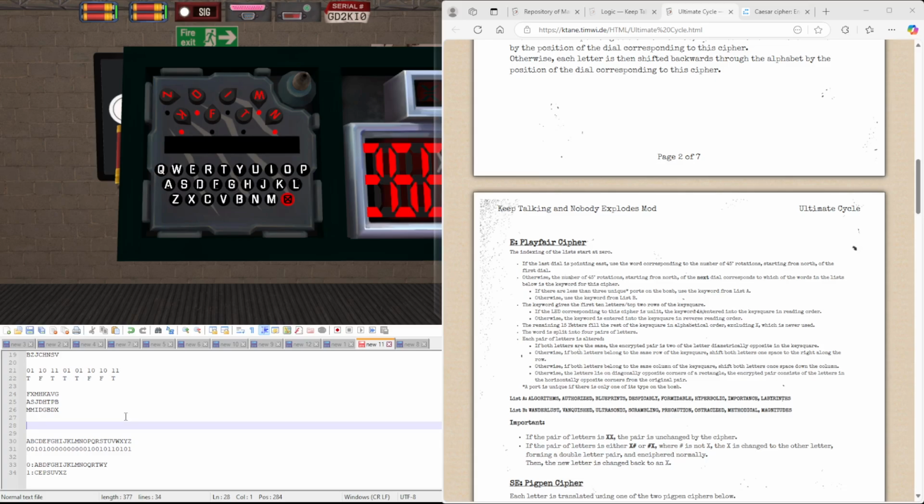There's less than 3 unique ports now. So from list B, the next dial, 3 from list, a third from list B.